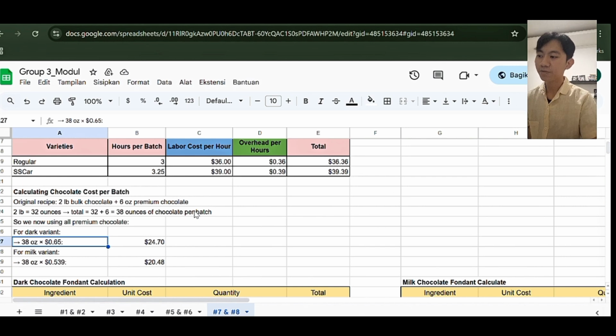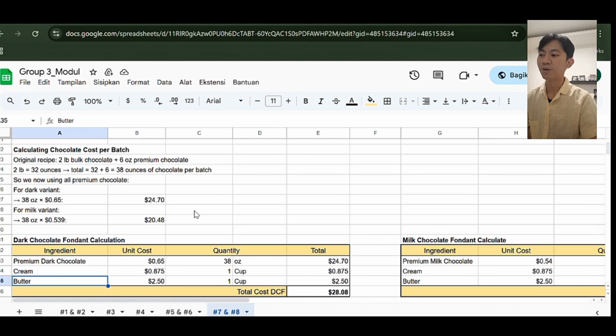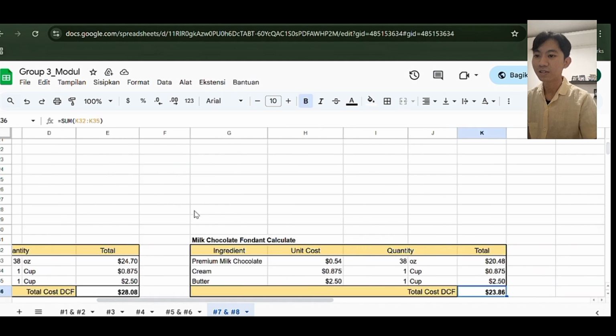For the milk variant, 38 times 0.539, so it will be $20.48. Now we calculate the fondant. For dark chocolate, the premium dark chocolate is 24.7, and we add the cream and the butter. The total cost of the dark chocolate fondant is $28.08. For the milk chocolate fondant, we got 23.86.